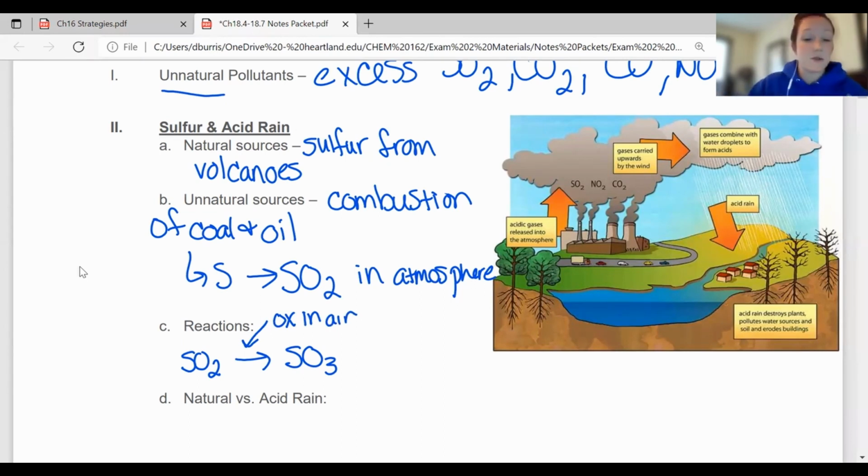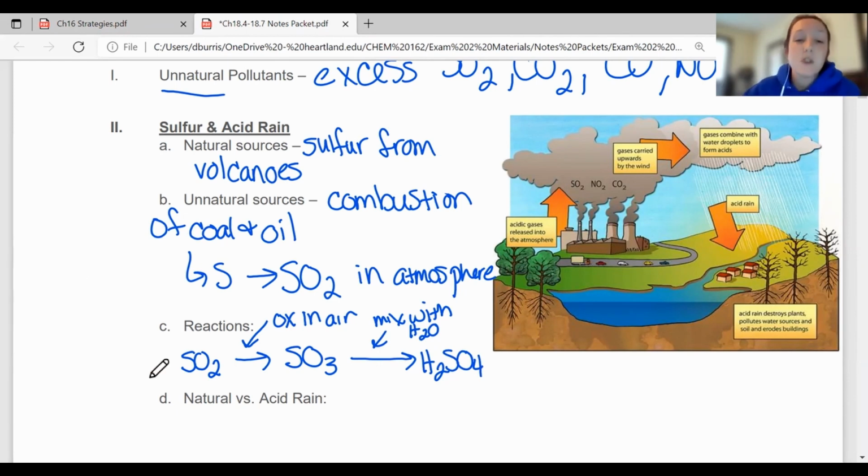And once it turns into SO3, then it's going to mix with water, aka acid rain, right? And it turns into sulfuric acid. So sulfur dioxide is oxidized with oxygen, and then it mixes with water and we get sulfuric acid. So that's how we get acid rain.